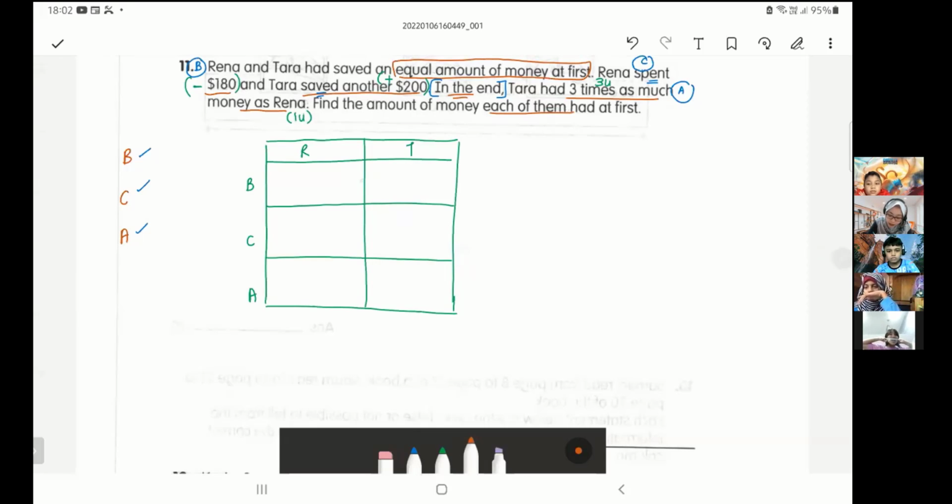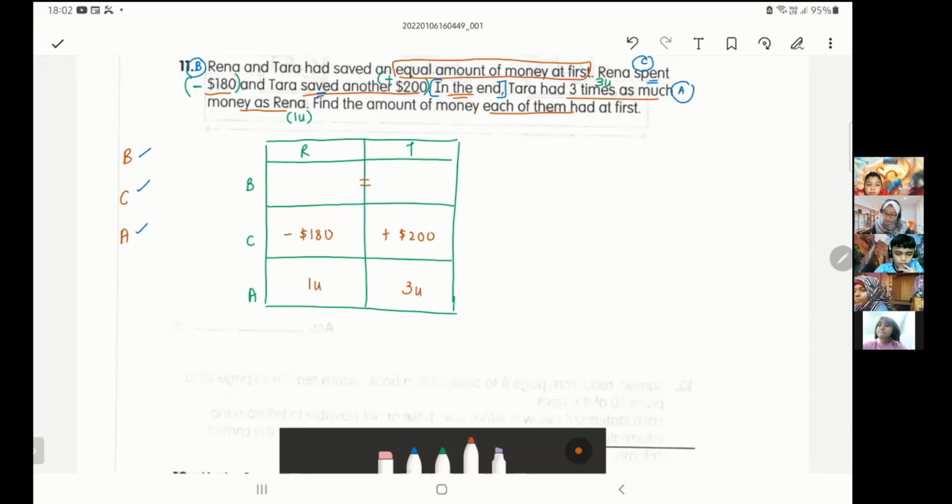All I know is Rina equals Tara. For my change, Rina spent $180, Tara saved another $200. Then in the end, or my after, Tara has 3 units and Rina has 1 unit.